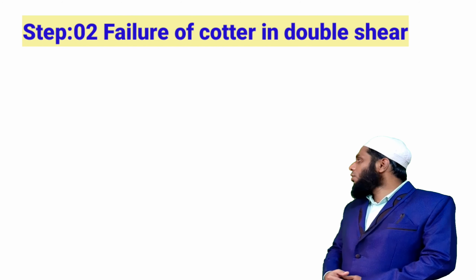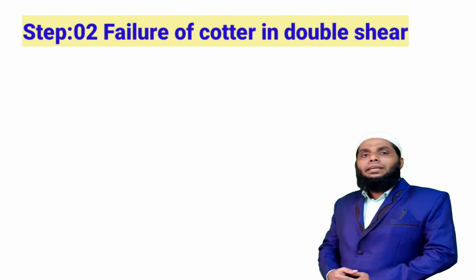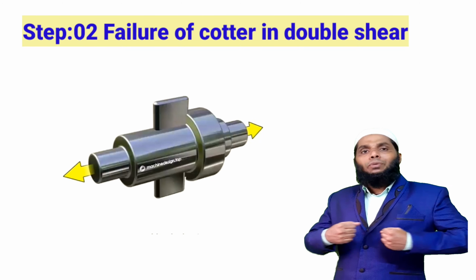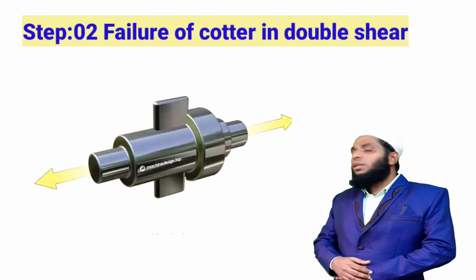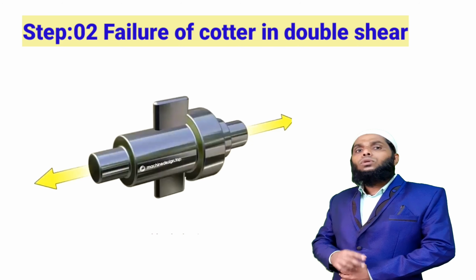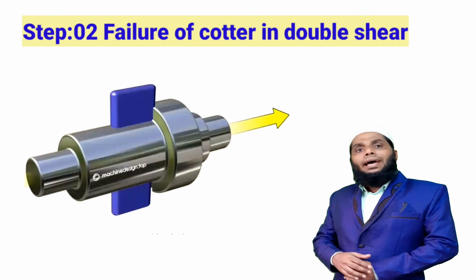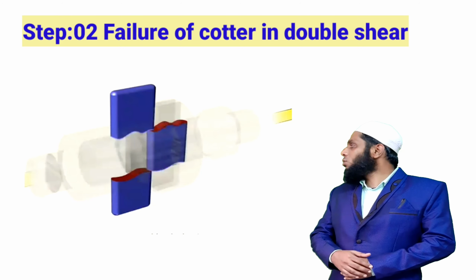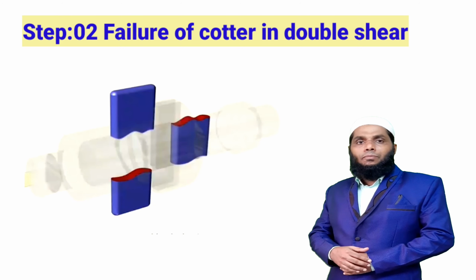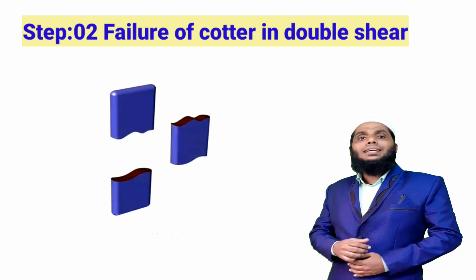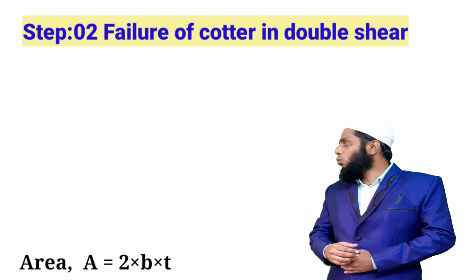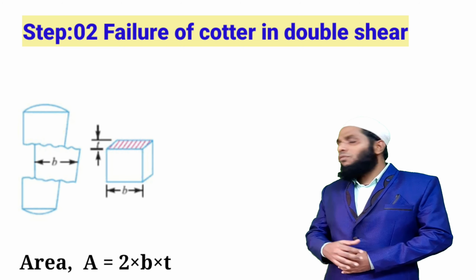Step number 2 is failure of cotter in double shear. Because of the tensile load P, the cotter will be sheared off at two different positions, and the load is parallel to that failure. That's why it is known as double shear failure. In this failure, the resisting area A is equal to 2 into width into thickness of cotter.